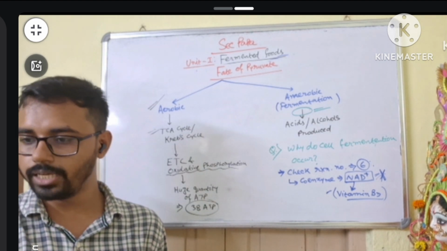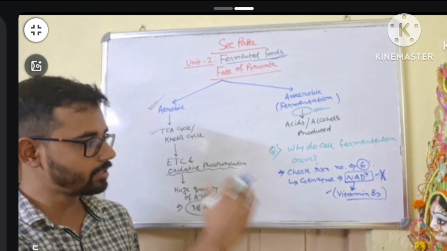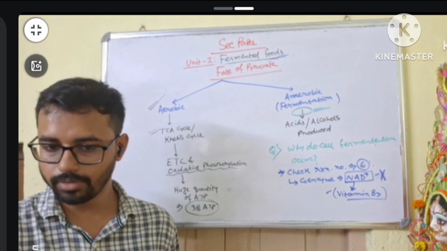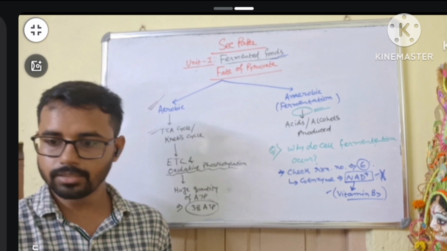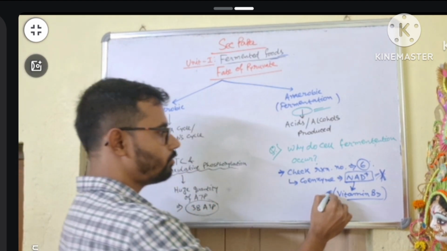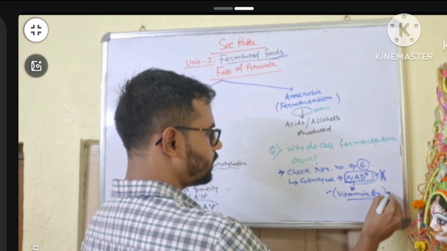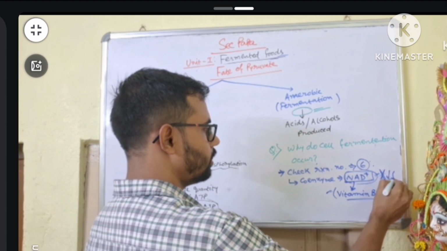Further glycolysis cannot happen because reaction number 6 needs NAD plus, and this NAD plus needs vitamin B3. If vitamin B3 is short, NAD plus will be less.